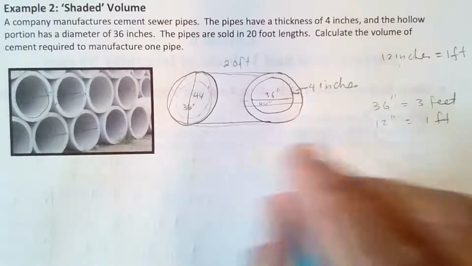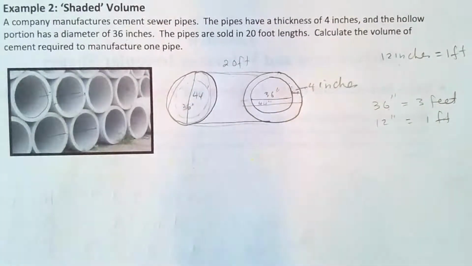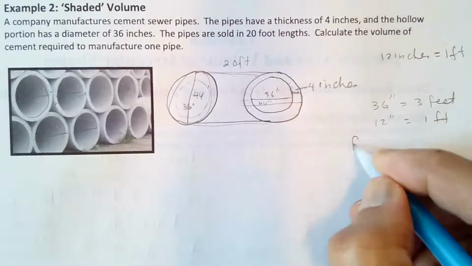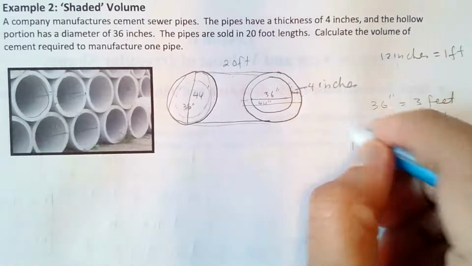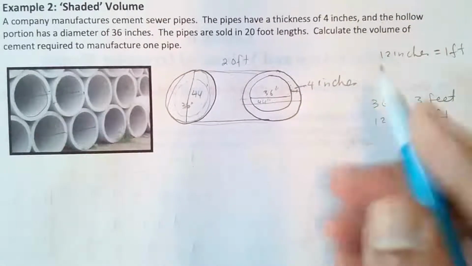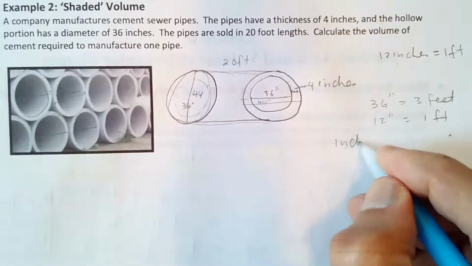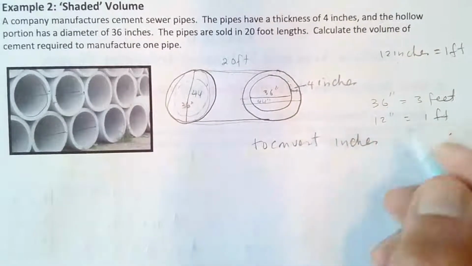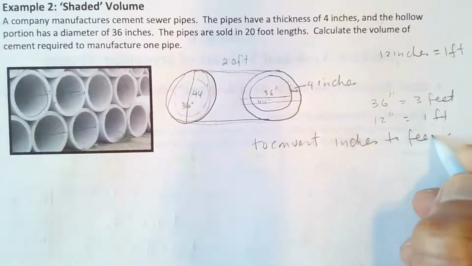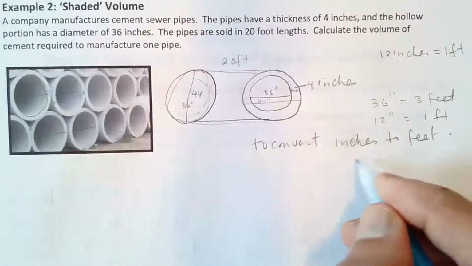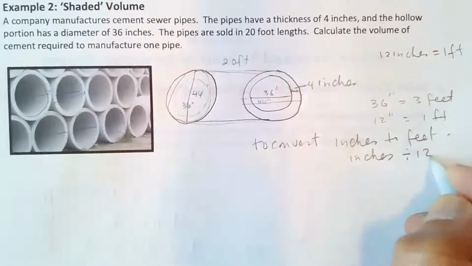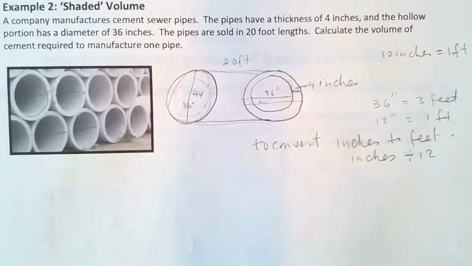Now we have 44 inches, and we want to convert it to feet. To convert inches to feet, we take our inches and divide by 12, because there are 12 inches in a foot.